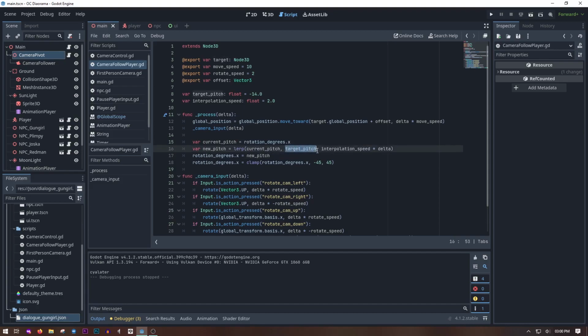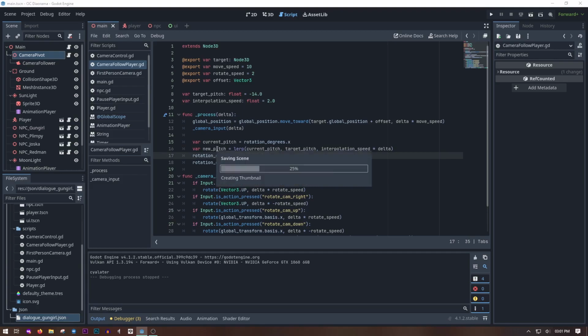So as we get closer to the target pitch, this formula changes, and so the rotation degrees for the next frame is slightly different. And that's what the linear interpolation is for, and the interpolation speed is for, to make it so that the current pitch doesn't snap to being the new pitch.